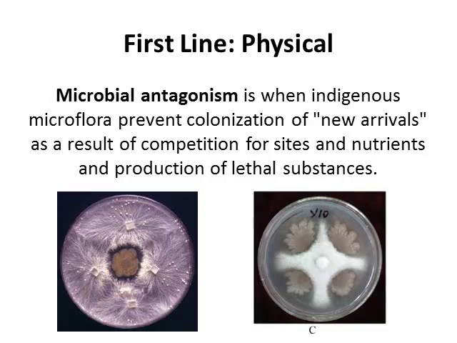That's because your normal flora is taking up all of the space, all of the sites, all of the nutrients on your skin, and it prevents the new arrivals from finding a place to live. So we have competition for sites and nutrients. Your normal flora, in addition to just taking up space, can also produce lethal substances that will kill these new arrivals before they can colonize your skin.